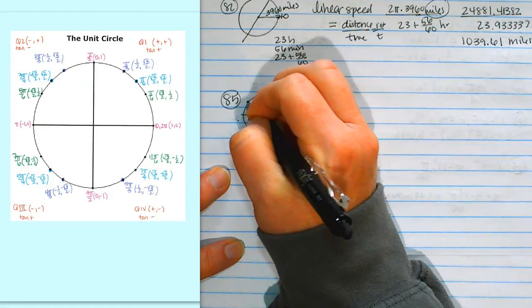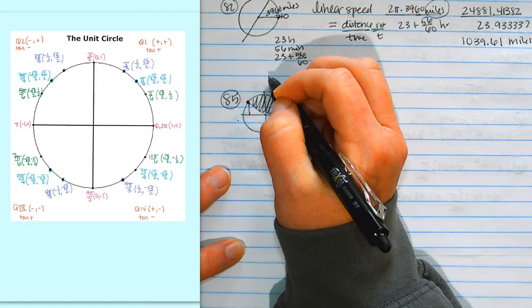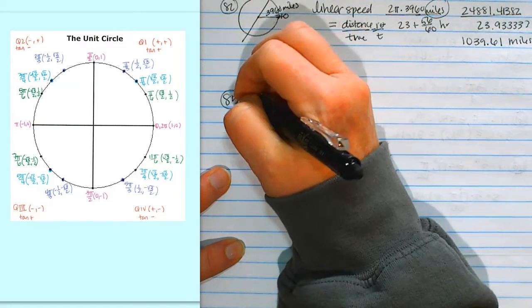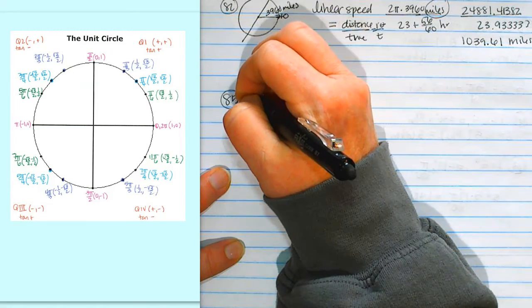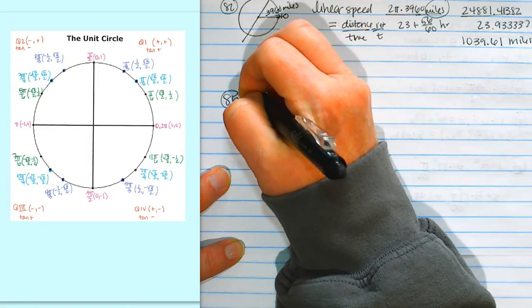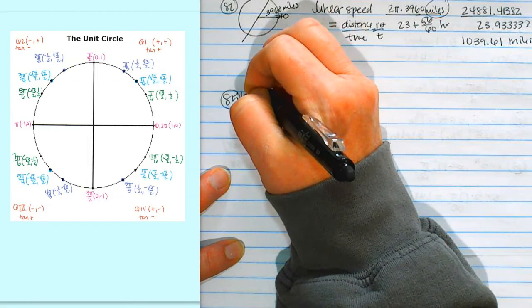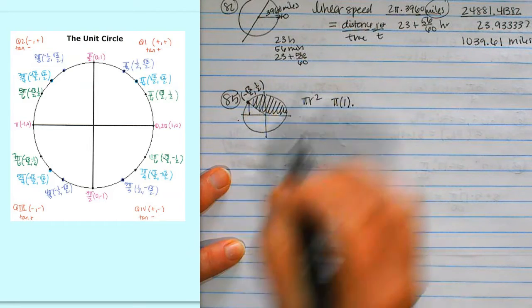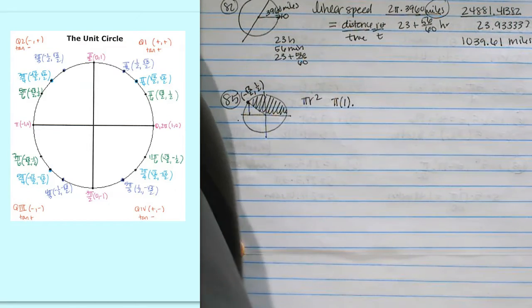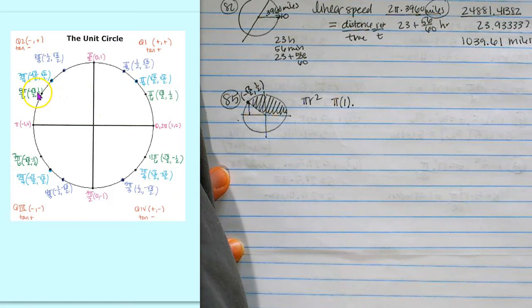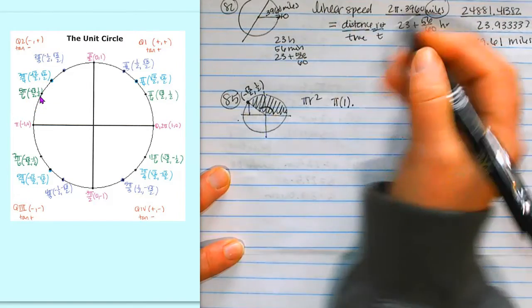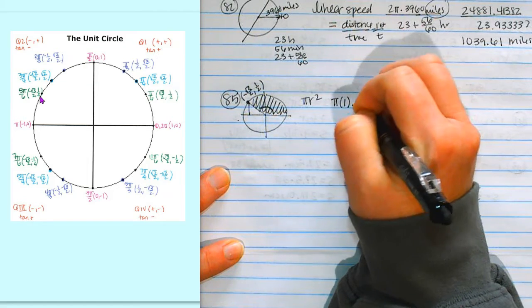They say that this point is at negative 0.5, nope, the 0.5 is the y. So this has got to be negative the square root of 3 over 2 and positive 1/2. If you look at their picture, it goes up 1/2. So if you look at your unit circle, it is right here. So this is 5 pi over 6 is the angle.